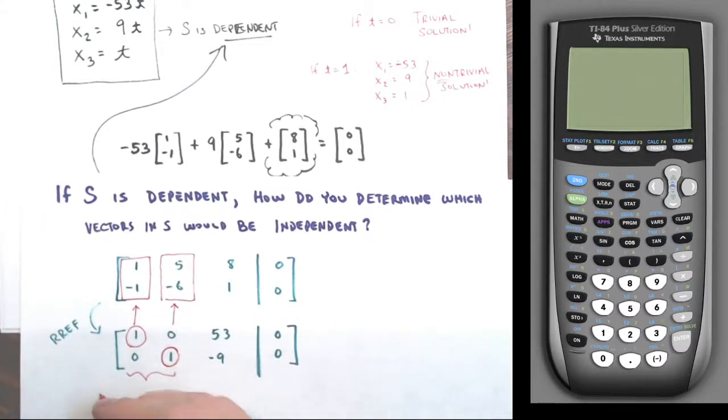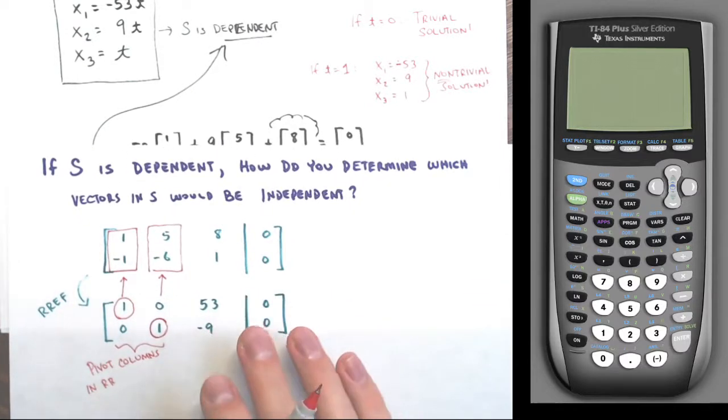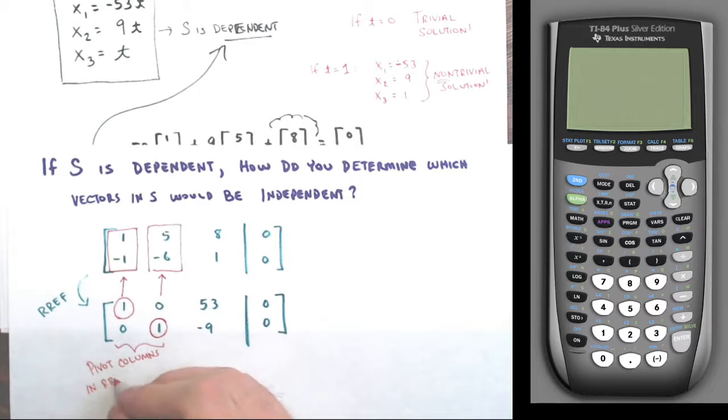Right, the pivot columns in reduced echelon form, or again, even just regular row echelon form or echelon form. But I like reduced, right? I like having zeros above and below. It just makes things easier for me.